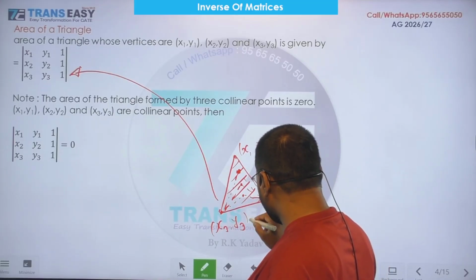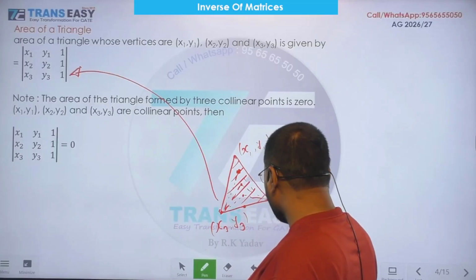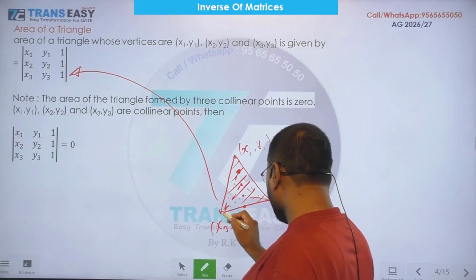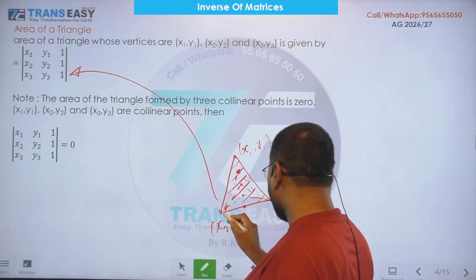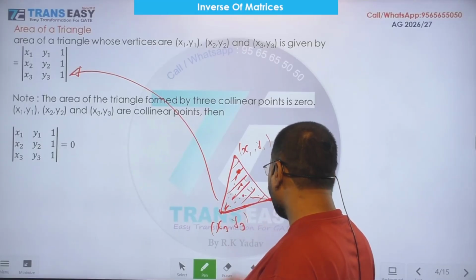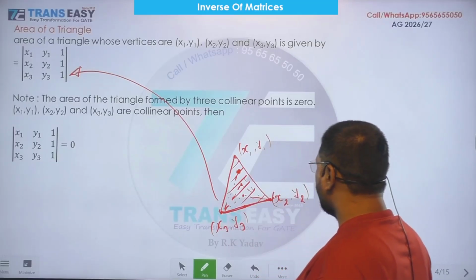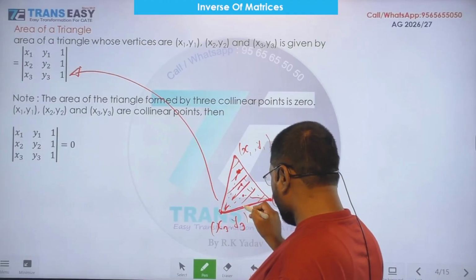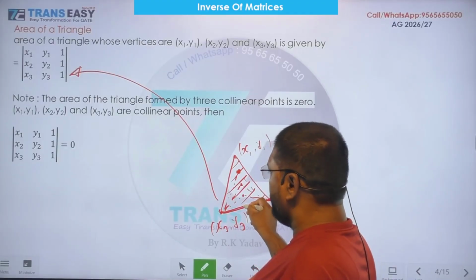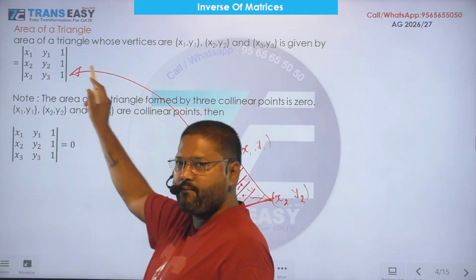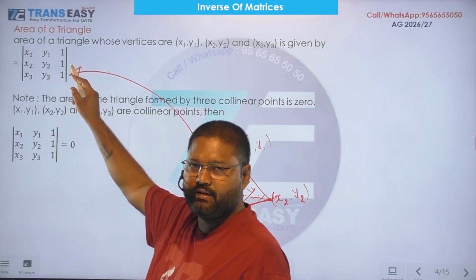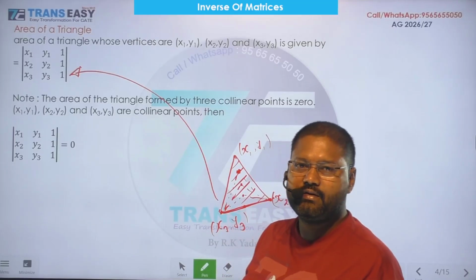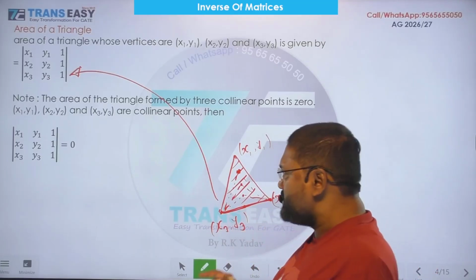If this point is lying on the line joining the remaining 2 points, then we have collinear points, right? So for 3 collinear points, the determinant value must be 0.